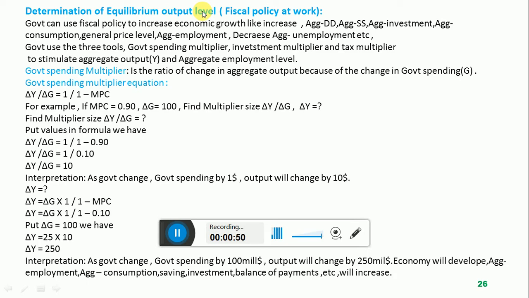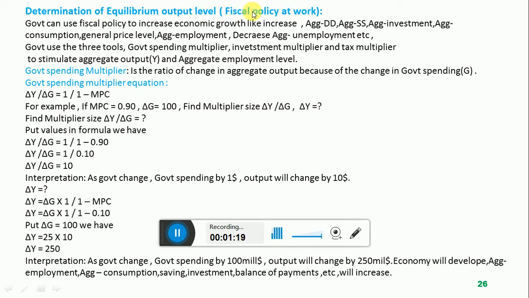This increase or decrease, this change in the aggregate output, is called determination of the aggregate output level. So determination simply means change in the aggregate output level. So this is the meaning of this topic, determination of equilibrium output level.